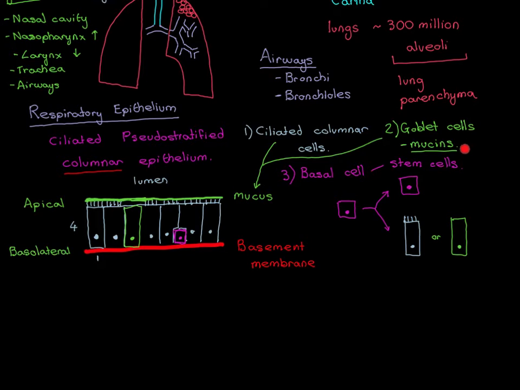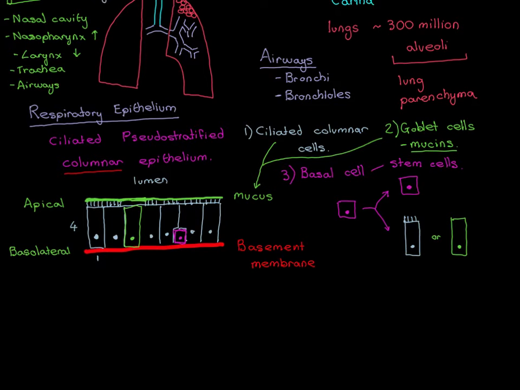Goblet cells secrete a really important component of mucus called the mucins, which they add into the mucus that the ciliated columnar cells have produced, and these make the mucus more viscous. So overall, both of them work together to create the mucus. The goblet cells secrete a specific component of the mucus, which is the mucins, which increase the viscosity. But they do not by any means make the mucus full stop on their own.